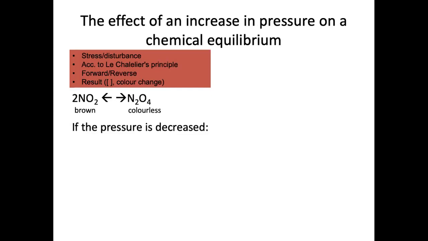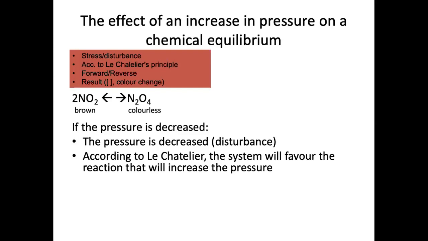And they're asking you, if the pressure is decreased, how will this affect the reaction? When we talk about pressure, we must see the number of moles or molecules in a closed reaction vessel, right? So the first step is to state the disturbance or the stress. The pressure is decreased, that's your disturbance, right?